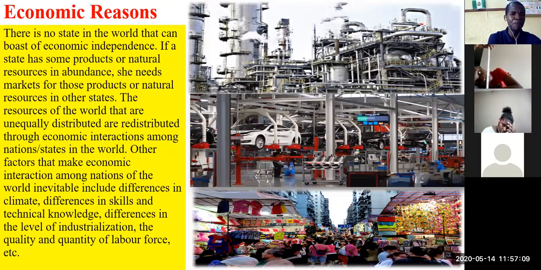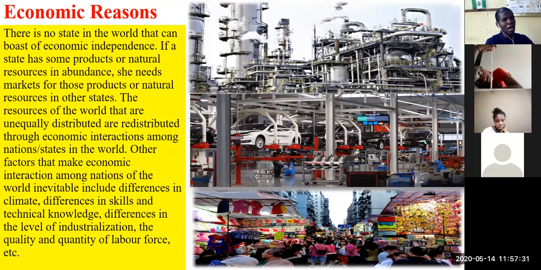Just as I've said, interdependence of nations involves interactions among states in the world, and the fact that no state in the world can boast of either economic or political or social sufficiency means there is need for interaction with other states in order to get what you don't have sufficiently.